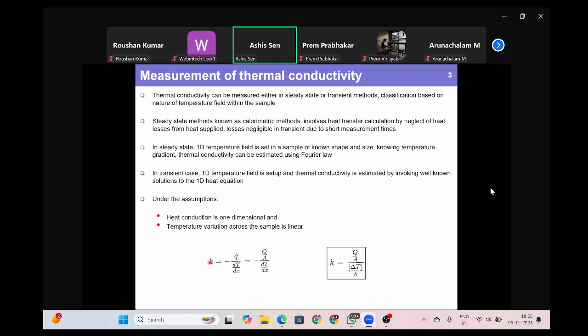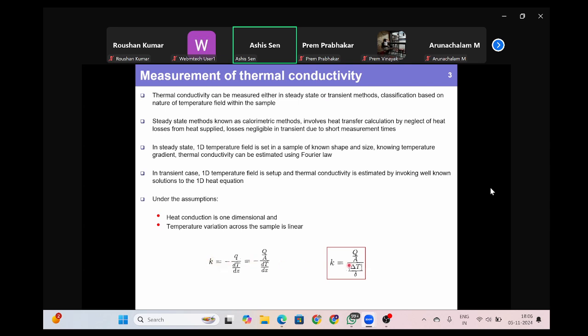So thermal conductivity by Fourier law of heat conduction is basically minus the heat flux divided by the temperature gradient. Heat flux q is given by the total heat transfer rate divided by the cross-sectional area, and the temperature gradient is dT by dx.